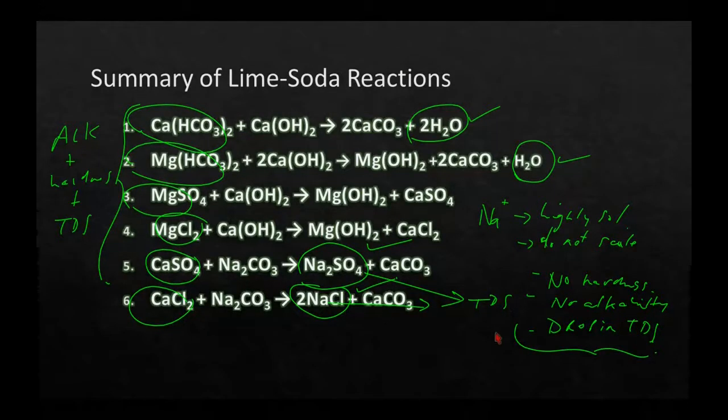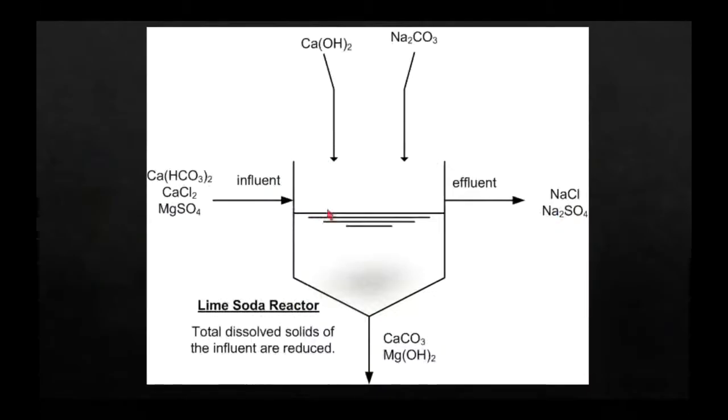It's the land of belief, but it's important to know that alkalinity, hardness, and TDS come in, and it leaves zero hardness, zero alkalinity, and much less dissolved solids. Okay, so that's a summary. Again, it's theory. You need to know those reactions.